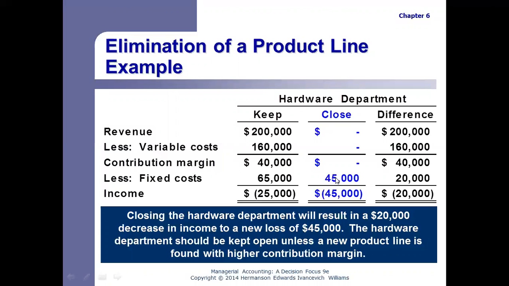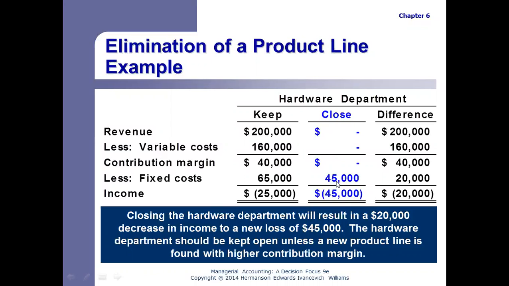The store manager's salary is going to have to be spread out to the remaining departments. So this 45 is going to have to be absorbed by the other departments. It's not going to go away. It's still going to be there, just absorbed or eaten up by the other departments.